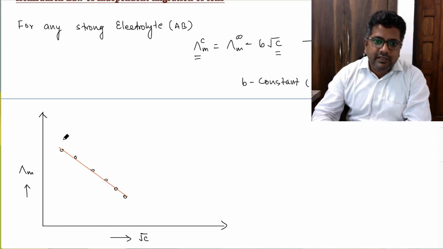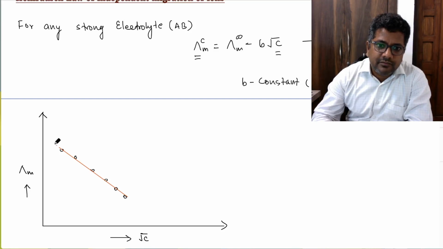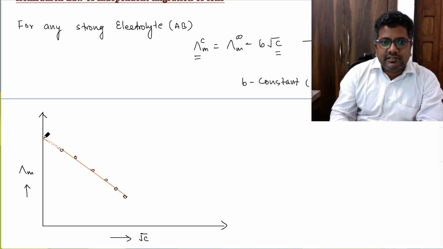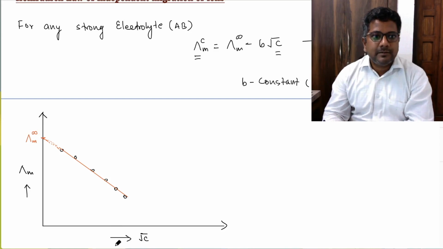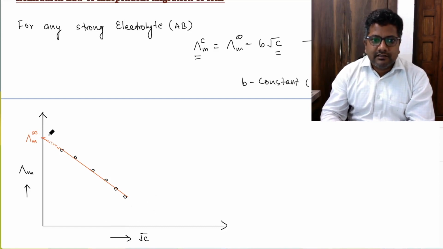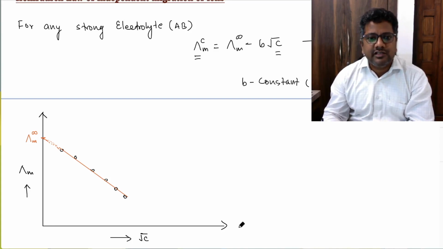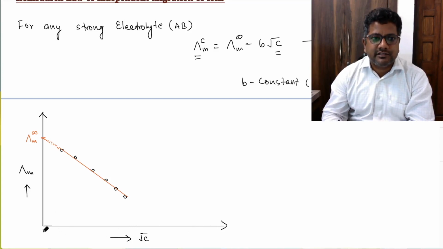And if we extrapolate this graph, it will cut this axis at this point. This is called lambda m infinite, and this point is the infinite dilution, because root of c is increasing in this direction, so here is very low concentration.